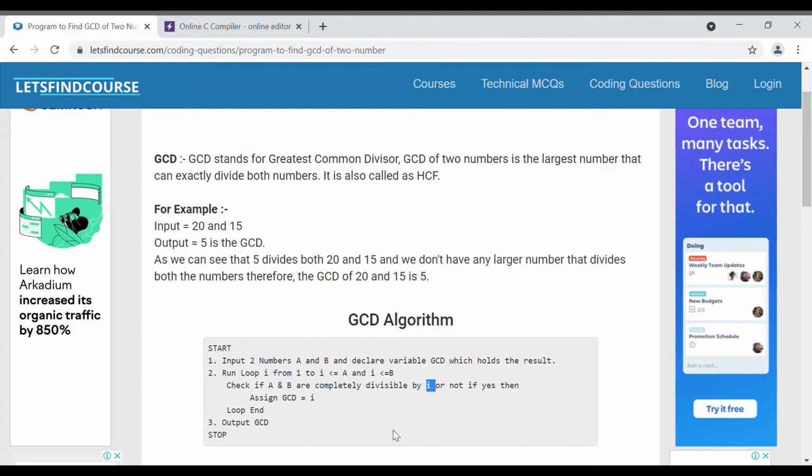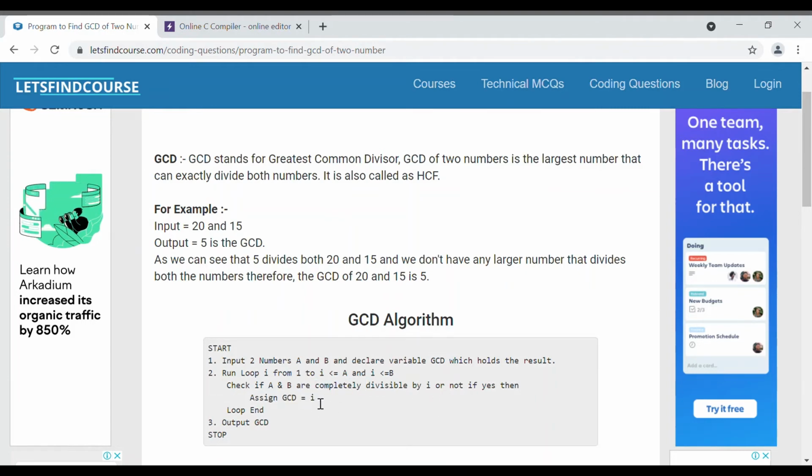So here the loop will iterate from 1 to 15 if you consider this scenario. It will check each and every number. It will try to divide 20 and 15 with each and every number from 1 to 15. So if it finds that the remainder is 0, that is they are completely divisible by that number, then we assign GCD as that number.